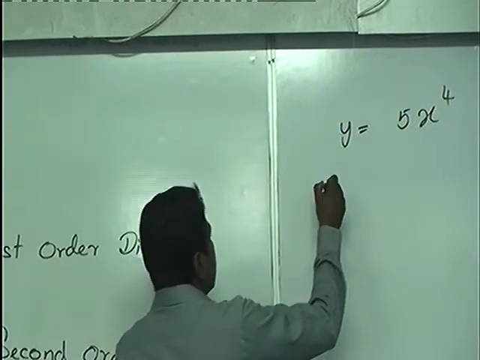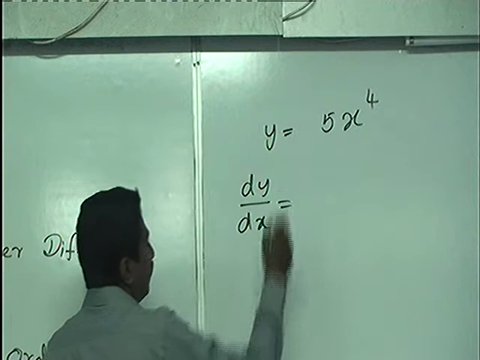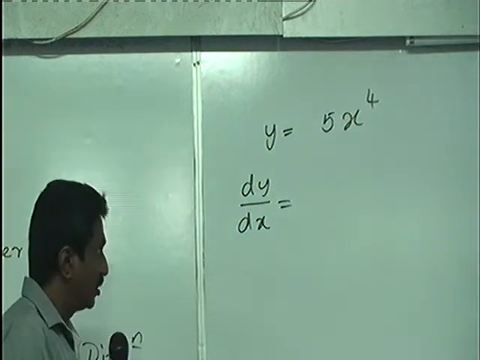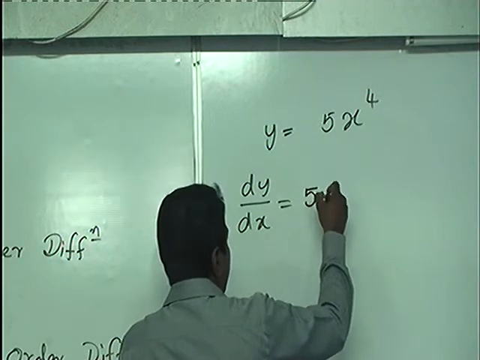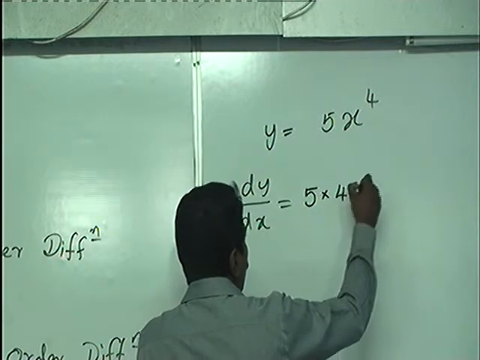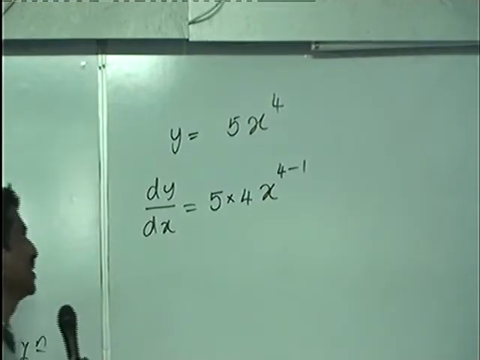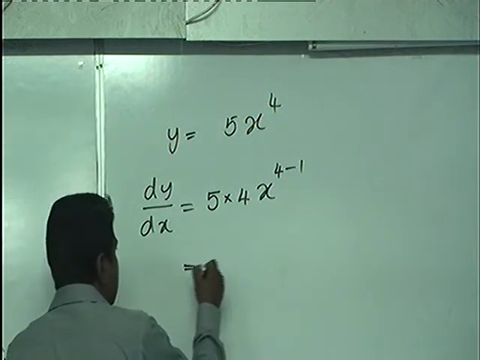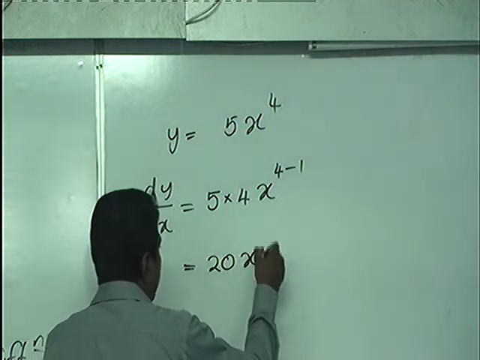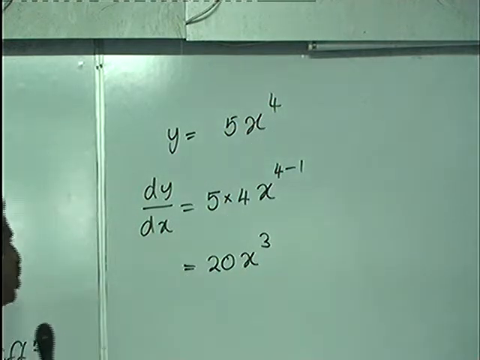So that means dy by dx: you differentiate the function by using our rule. What is the rule? nx^(n-1). Keep 5 as it is, 4x^(4-1). So the answer is 20x to the power 3. The power dropped by 1.